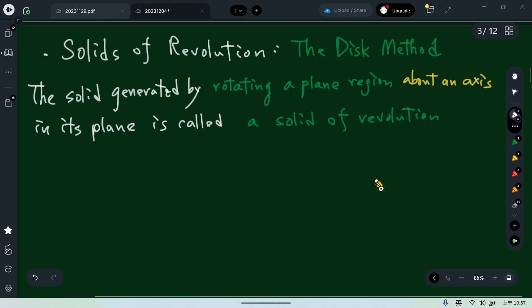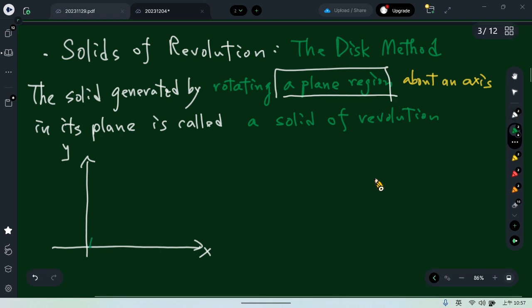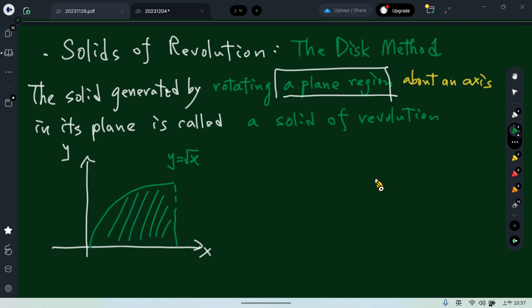Maybe I directly use an example to show you. For example, I give you a plane region. What is a plane region? For example, I give you this one. This is y equal to x squared. This is the plane region. I just rotate it.